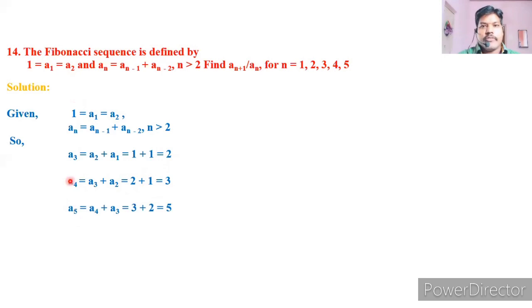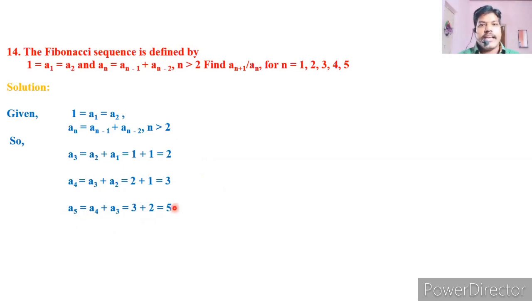If n is equal to 5, A5 minus 1 is A4 and A5 minus 2 is A3. So A5 value is A4 plus A3. A4 is 3 and A3 is 2, so 3 plus 2 is equal to 5.